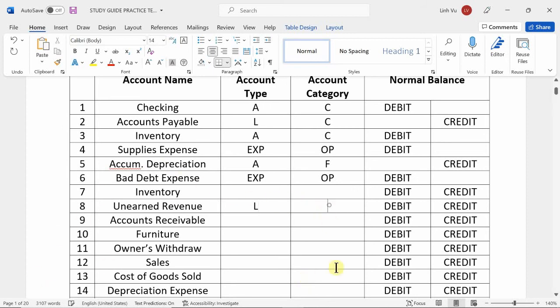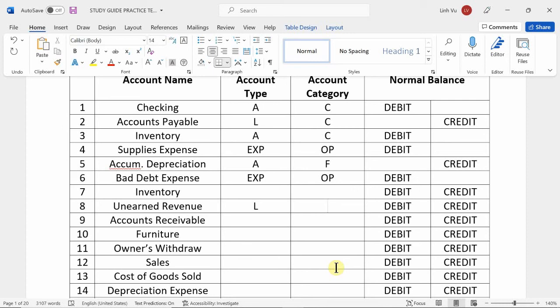Unearned revenue is definitely going to be current, because when you pay somebody to do a service for you, it's usually going to be within a year. Unless it's a contractual agreement where you are scheduled to complete it within 5 years and get paid incrementally, every year, then that would be an exception to this rule.